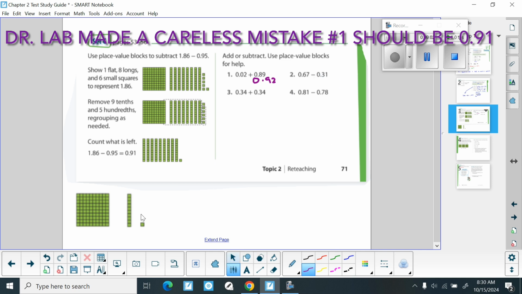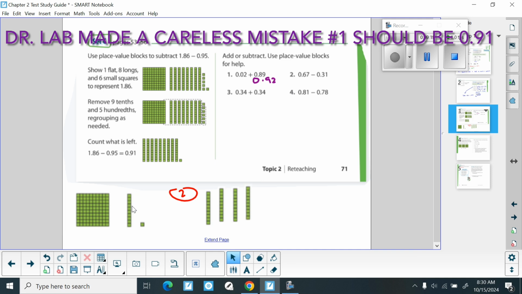So let's do 67/100. This will be number 2 that we're working on. So 67/100 would be 1, 2, 3, 4, 5, 6/10, and we have 7 of these.